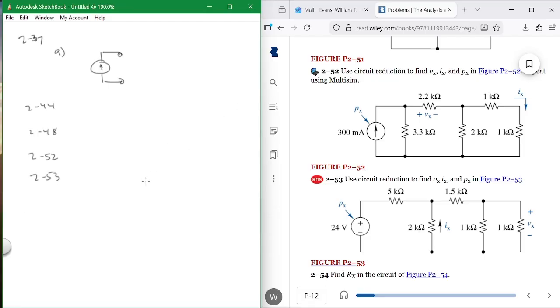So altogether, I've got 12, 13, 24, 25, 30, 31, 34, 37, 44, 48, 52, and 53 to work on.